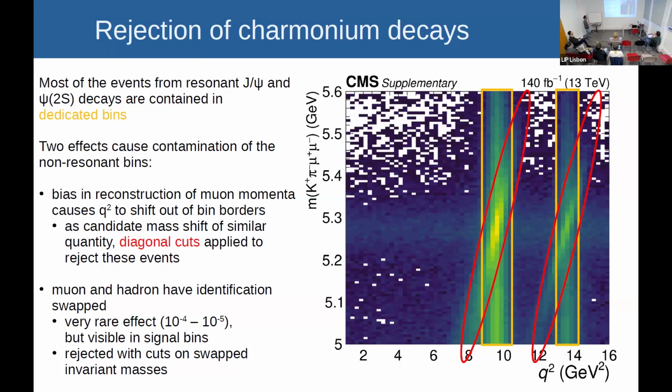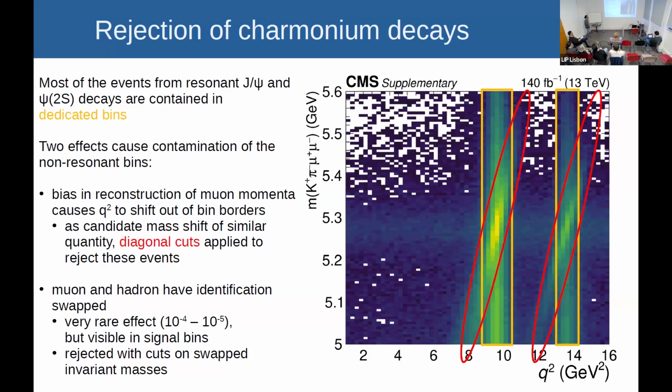This is a very rare effect, 10^-4 to 10^-5, but since our resonant channel is three orders of magnitude more intense than our signal, even a contamination like this would induce up to 10% contamination in our signal. These events have very distinctive features in the angular distributions, so we saw them very clearly, and we had to reject them.